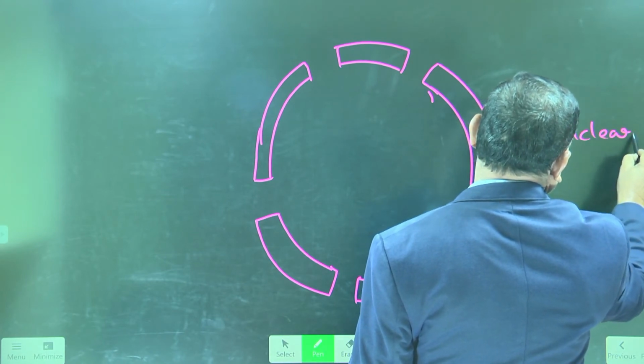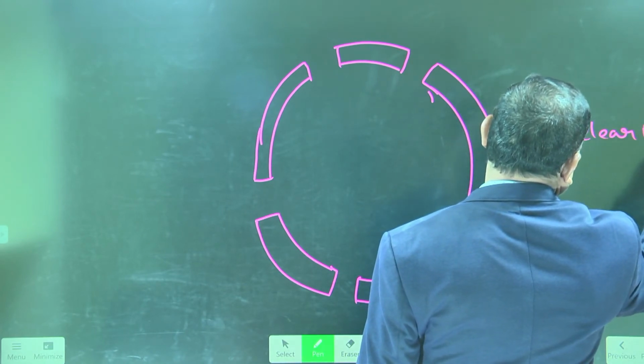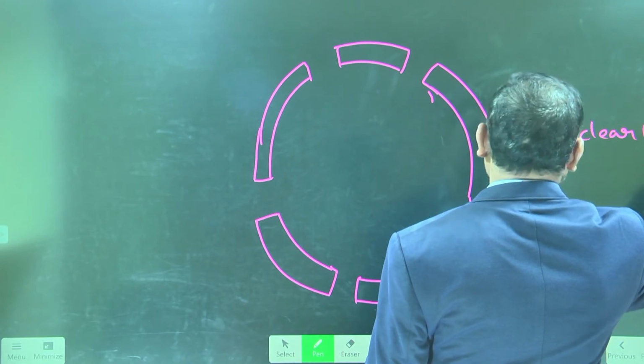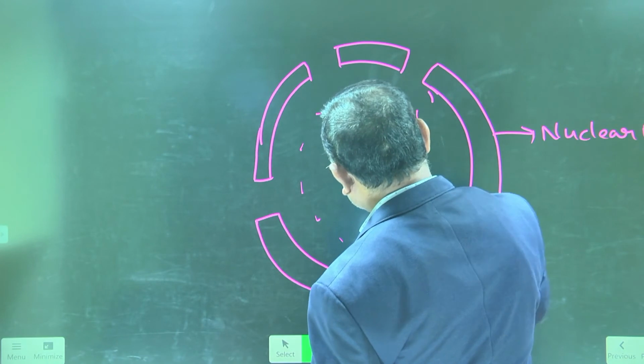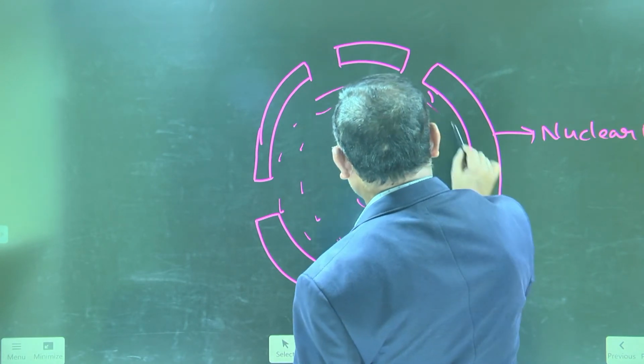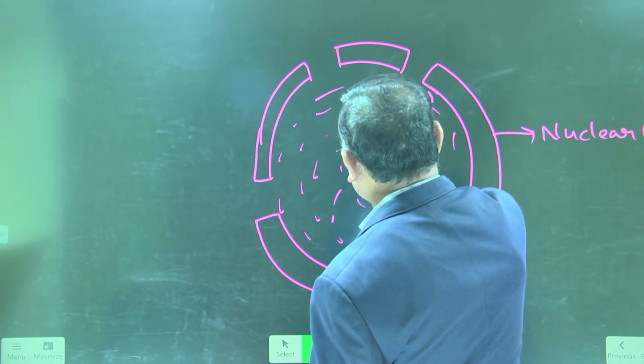Next, the semi-solid homogeneous material present inside the nucleus is called nucleoplasm.